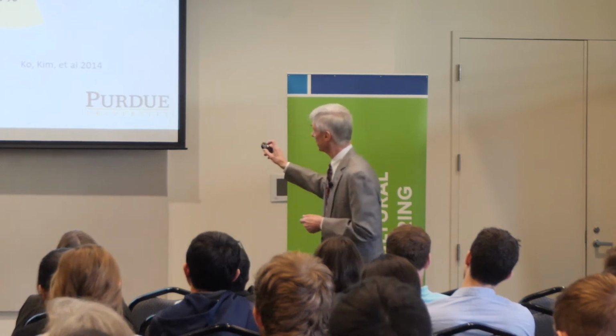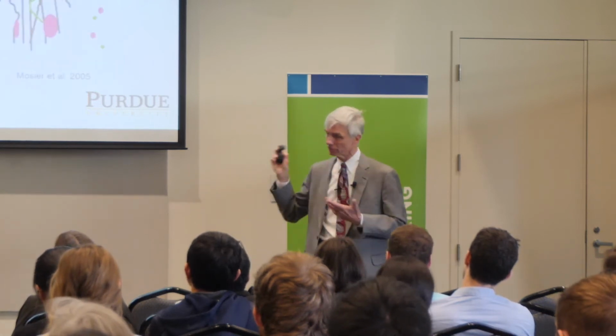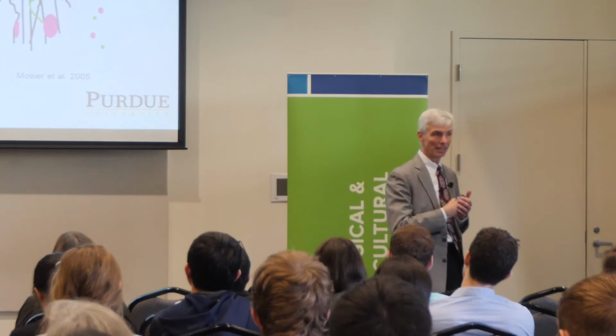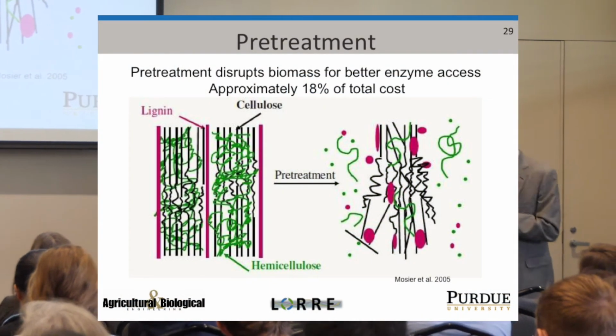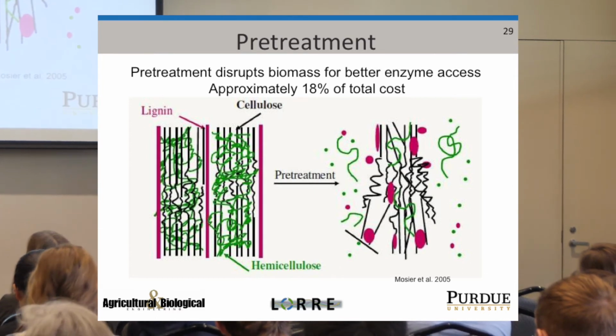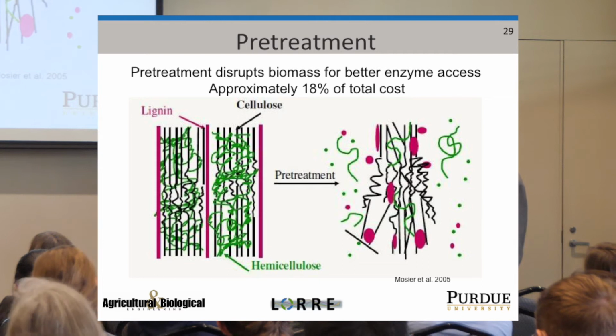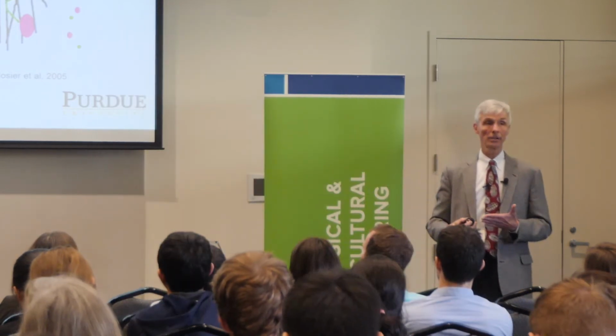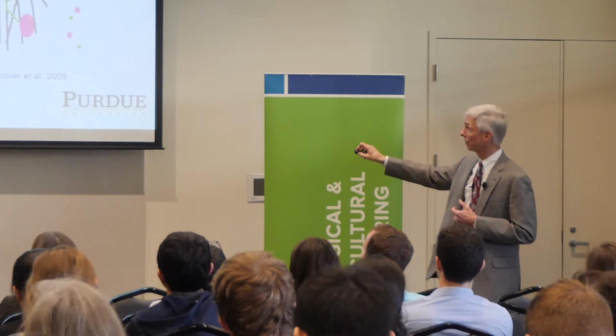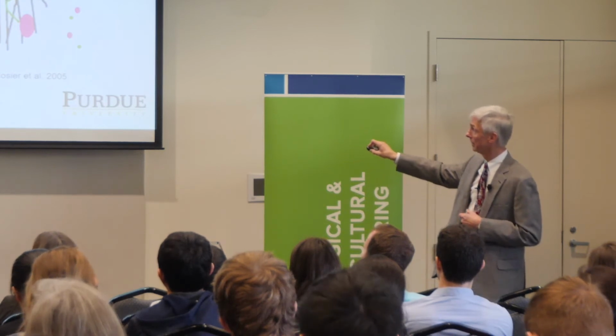So this is a very good source of fermentable sugars, but to get at it, you have to look at the cell wall structure. The cell wall structure consists of lignin, cellulose, which is crystalline, and hemicellulose, which is again a polysaccharide, but it has a branch structure. So schematically, what we're showing here is you have lignin that's protecting the cellulose from hydrolysis, and the hemicellulose, which gives it tensile strength.